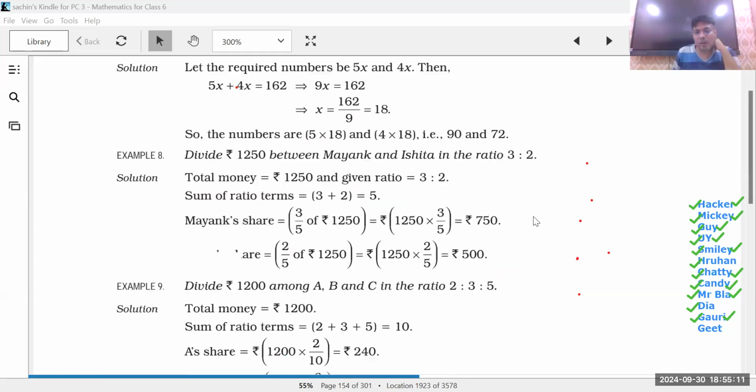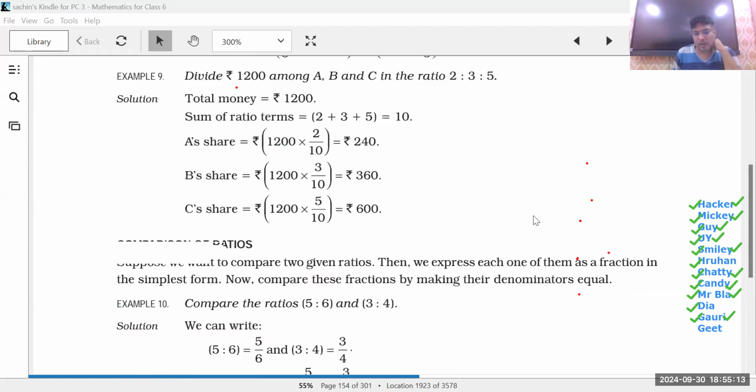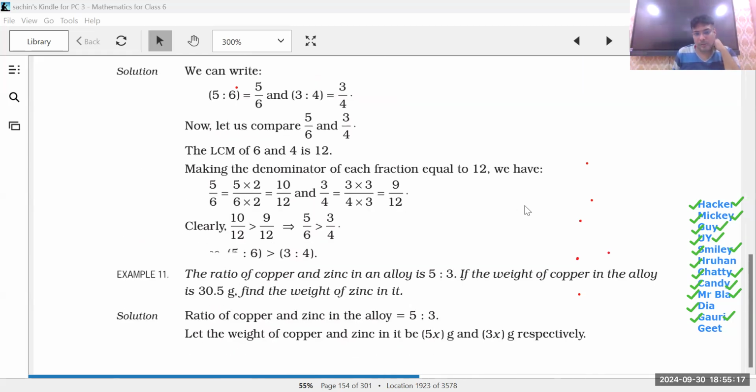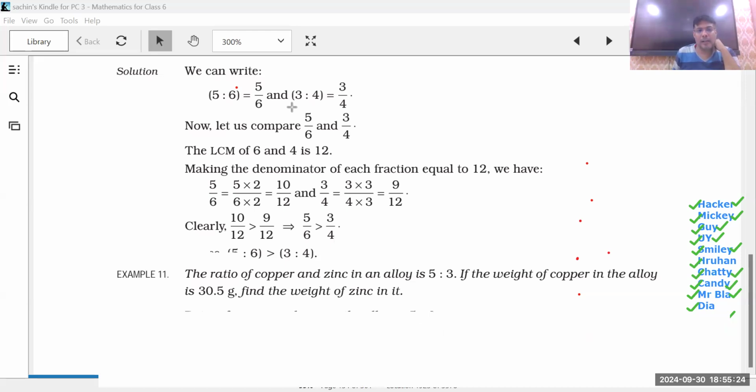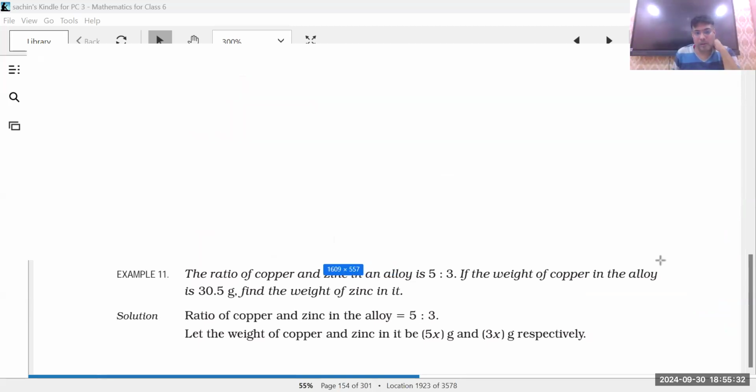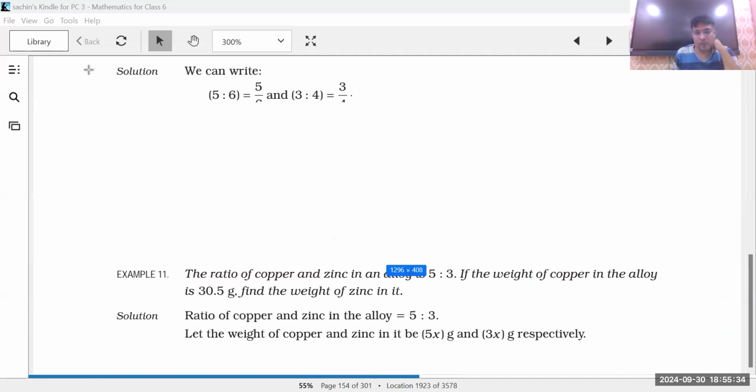So Diya, I'm moving on since you are not responding. So try this question, 11th one. So Diya's traveling. Yes, so that's why she's allowed to keep her camera and mic off because she's driving.